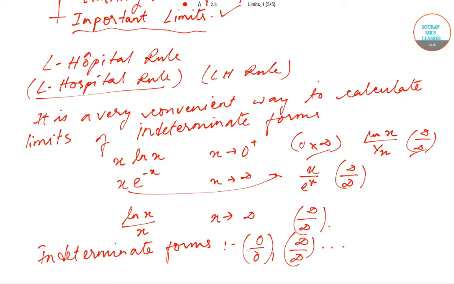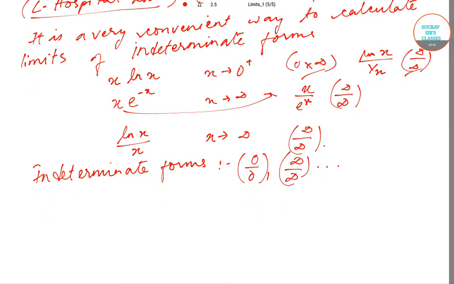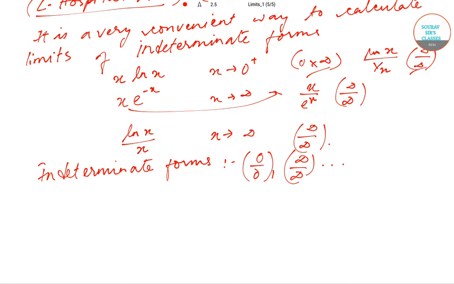In this kind of indeterminate format, the L'Hospital rule is a very important rule in finding the value of that limit. Let me give you the idea of the L'Hospital rule.